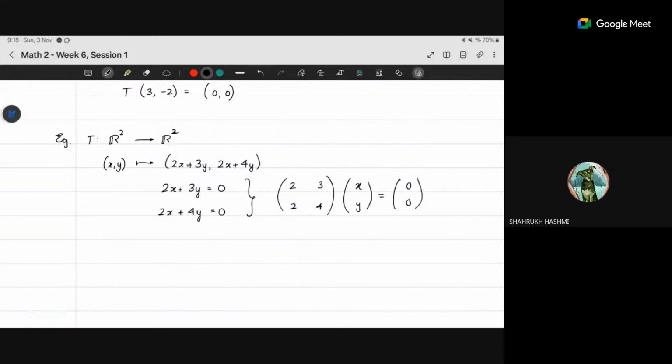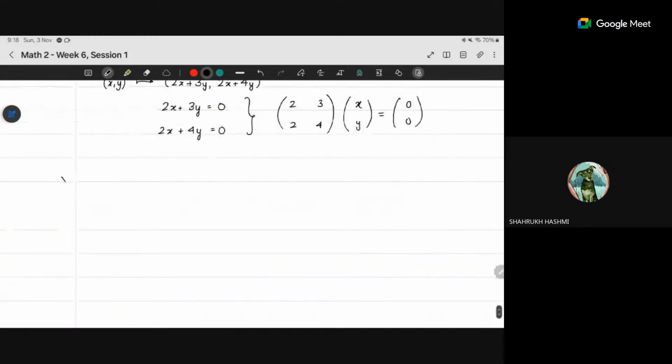So this is isomorphism. Just like we looked at vector spaces and said that basis is a very important concept, because every vector can be expressed as a linear combination of basis vectors, what is the role of basis in the context of linear transformations?